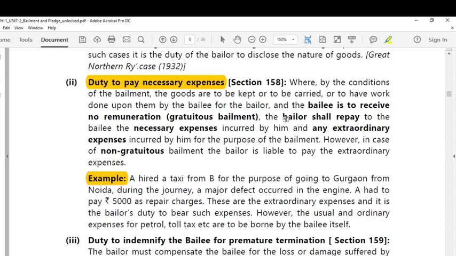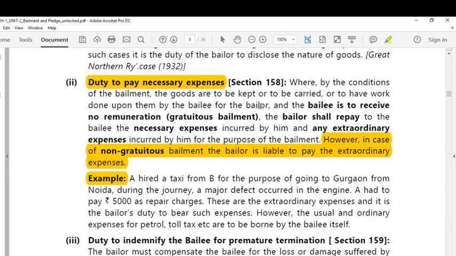The bailor shall repay to the bailee the necessary expenses incurred by him and any extraordinary expenses incurred by him for the purpose of the bailment. However, in case of non-gratuitous bailment, the bailor is liable to pay the extraordinary expenses. See here, this point says that in case of a non-gratuitous bailment, the bailor is liable to pay the extraordinary expenses only.